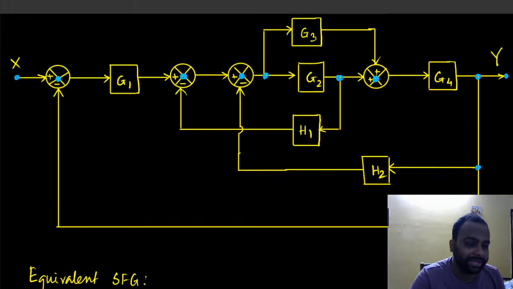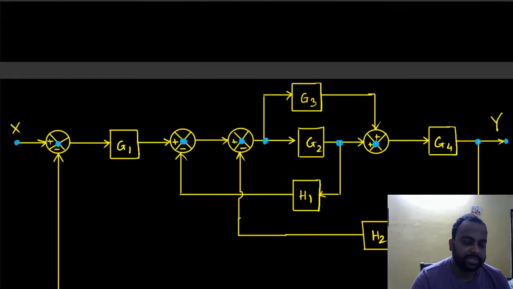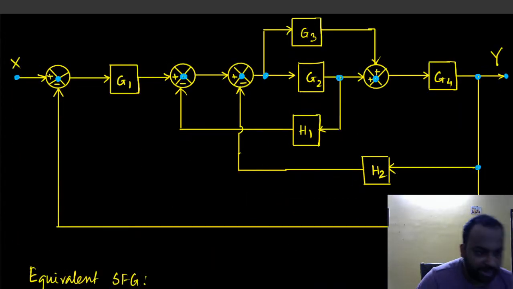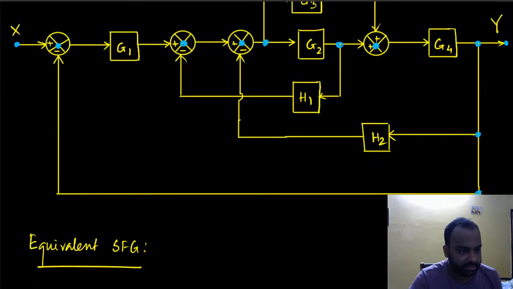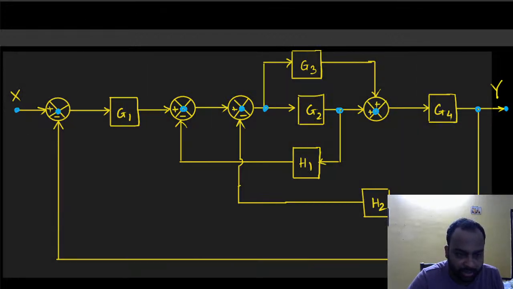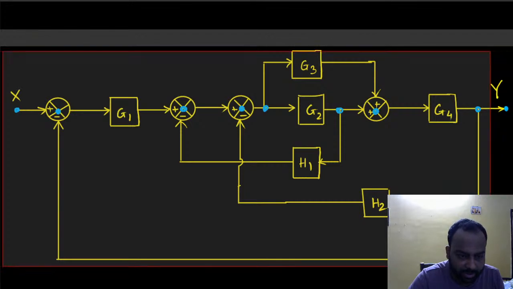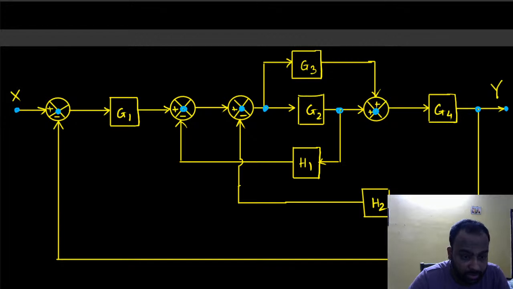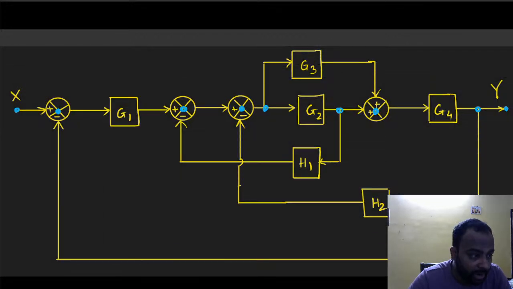Okay, someone is asking, can we mix and match signal flow graph and block diagram reduction? Yes, we can, but I wouldn't suggest it. Right? I wouldn't suggest it because things could become drastically bad very quickly. You might mess up things. Right? Because signal flow graph requires your undivided attention in this scenario.